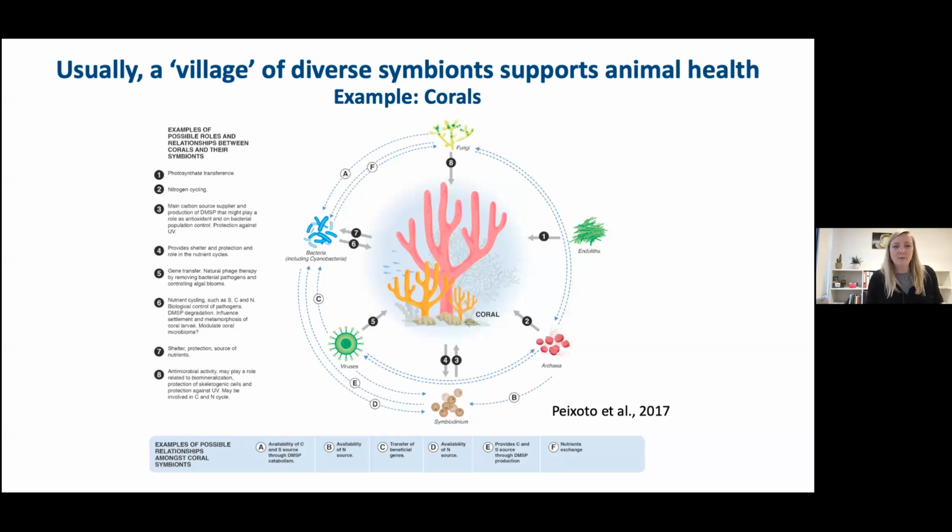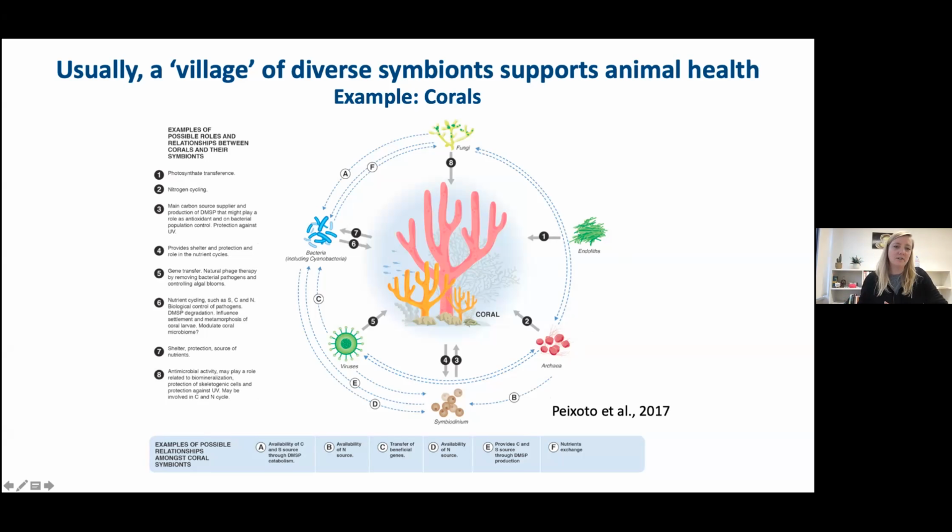So why were we so interested in this? Usually a village of diverse symbionts supports animal health. This is most animals we know, including the example of corals. They rely on a community of microbial associates like we do, with incredibly diverse microbes found in our guts, each of them fulfilling one specific role in the symbiosis, providing one function to the host.